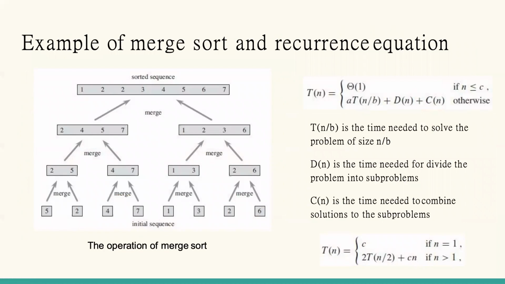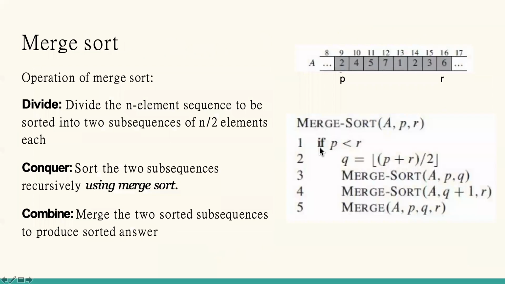What we are interested in is to investigate the running time of the merge sort algorithm. Now, it turns out that because of the complex nature of the merge sort algorithm, as you can see, it's recursive in nature, right? So merge sort calls merge sort itself.